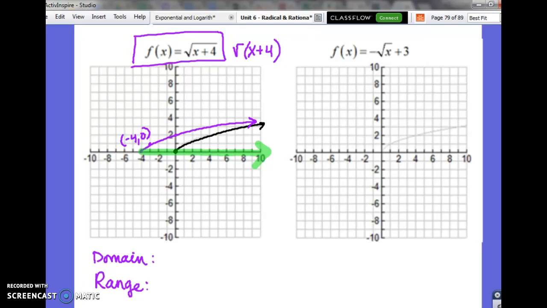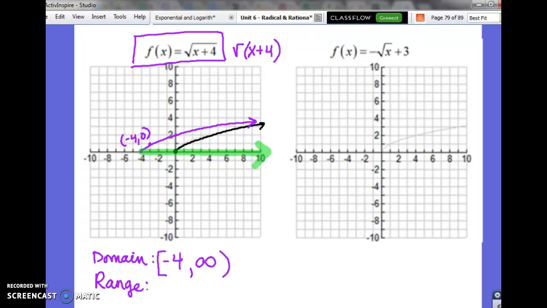Since -4 is actually a point on that graph, I do have a bracket around that -4, because if you look at your table, you can actually see that -4 show up. So that graph starts at -4, and then it goes to the right forever. So we say the domain is -4 to infinity, and then we always have a parenthesis around that infinity.